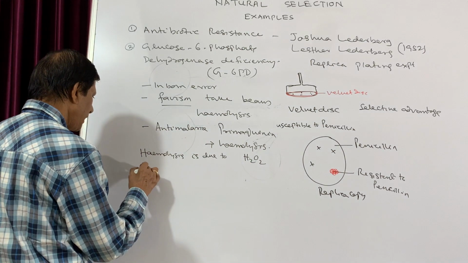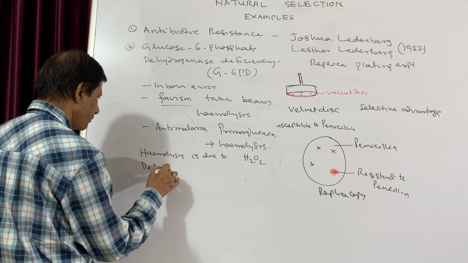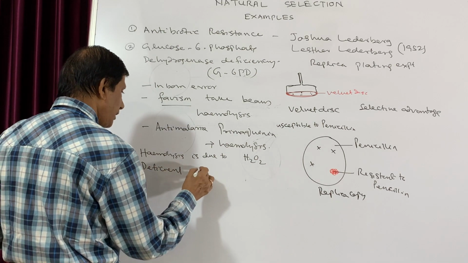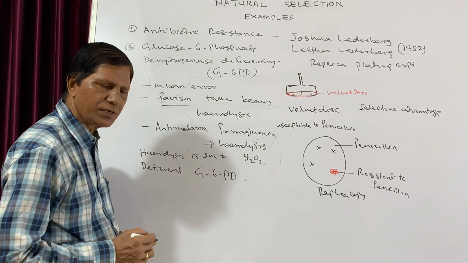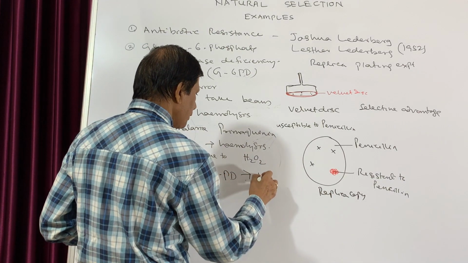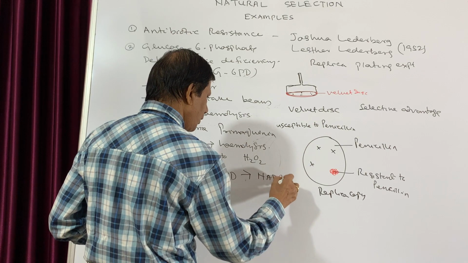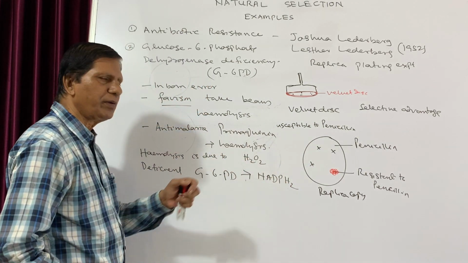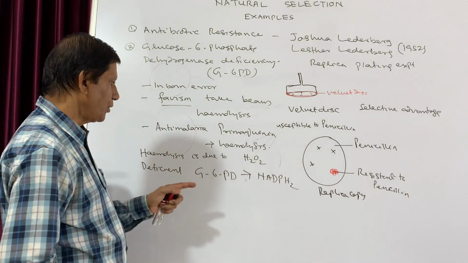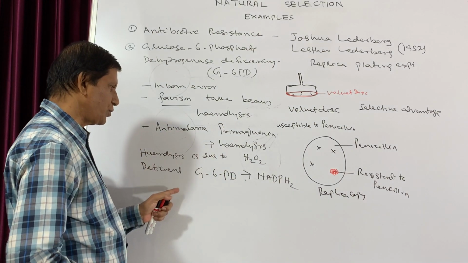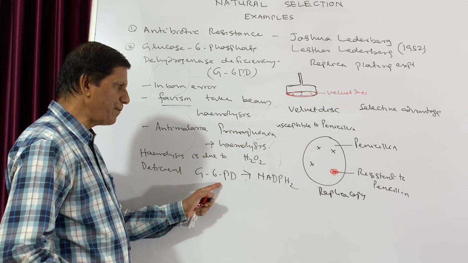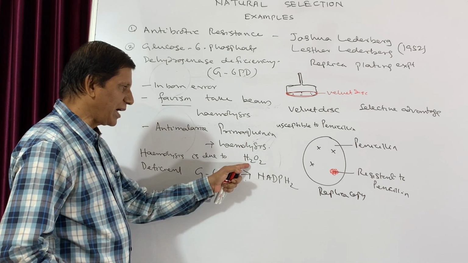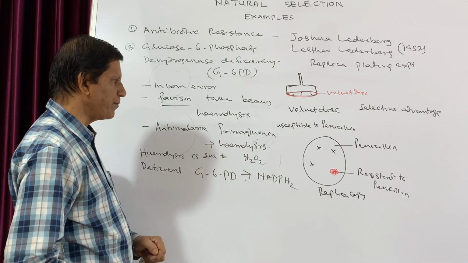Because persons deficient in glucose 6-phosphate dehydrogenase do not produce NADPH2, which usually removes this hydrogen peroxide.